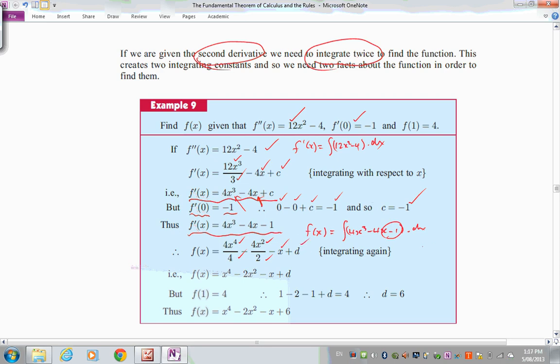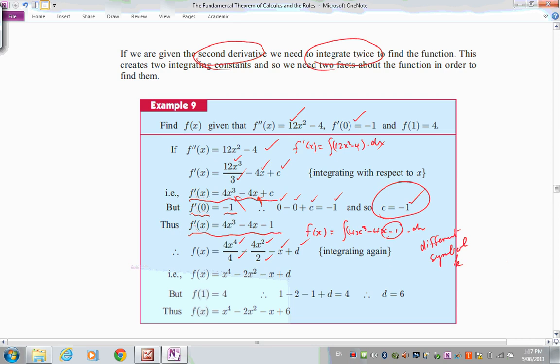Now, you must use a different letter, a different symbol, for the next constant. You can use C or D, or could use K, because in any one problem, if you use the pronumeral more than once, it means it's got the same value as before, and we don't know that. C has been used as -1. The constant here may well not be -1, so you shouldn't use the same letter.